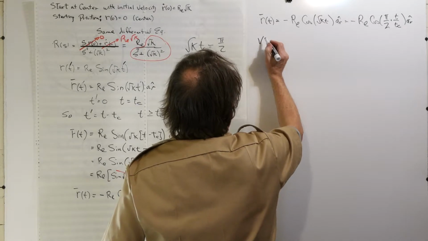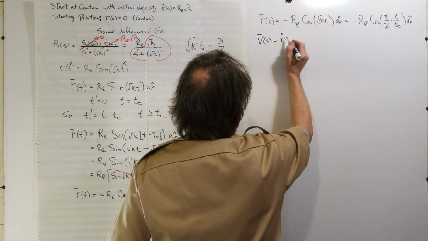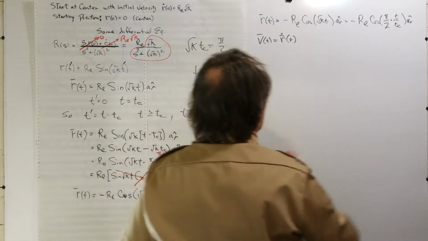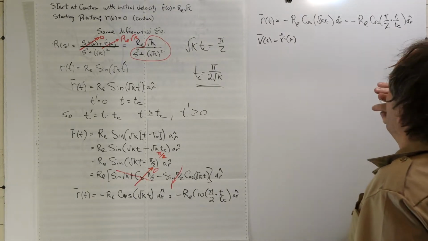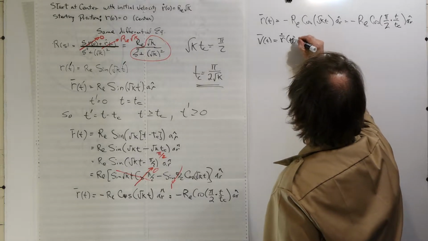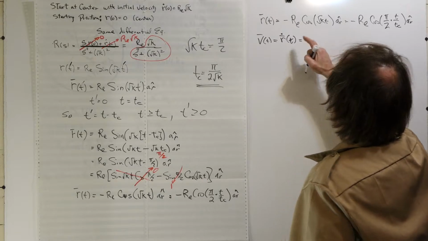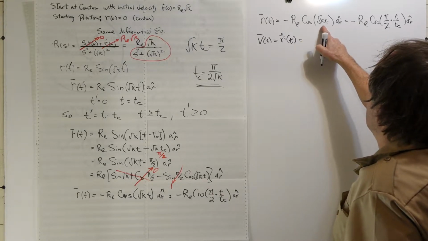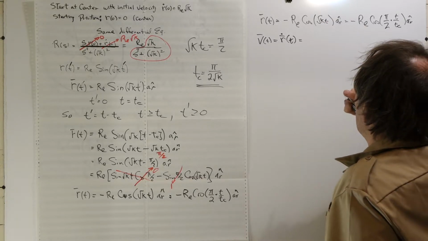Now, the velocity is nothing more than the first derivative of the position vector. Well, a sub r is a constant with respect to time, so it's just treated as a constant. So when we take a derivative here, the derivative of cosine is minus sine, and then we have the derivative of the argument, which gives us the square root of k.